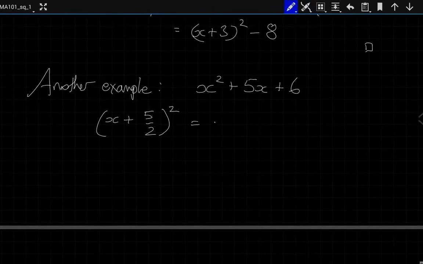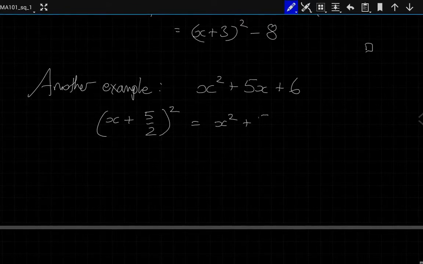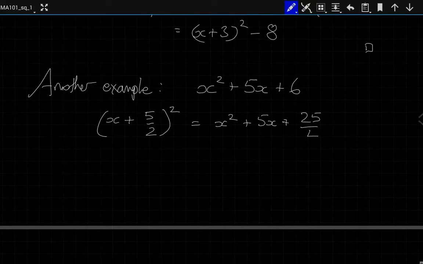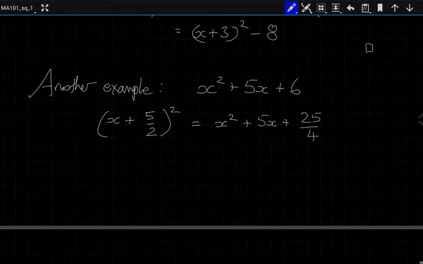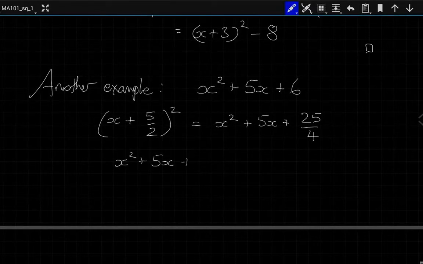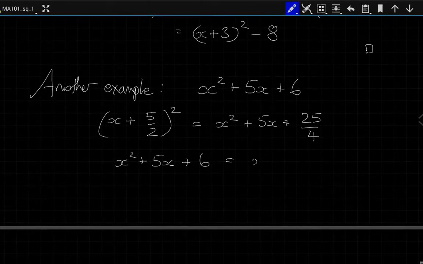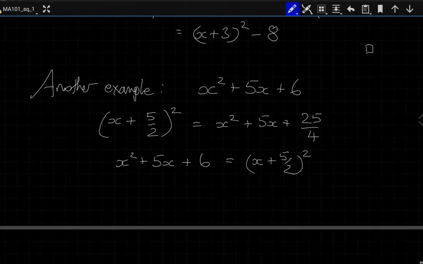I'm going to expand that out to give me x squared plus 5x plus 25 over 4. So then I have that x squared plus 5x plus 6 is x plus 5 over 2 all squared.